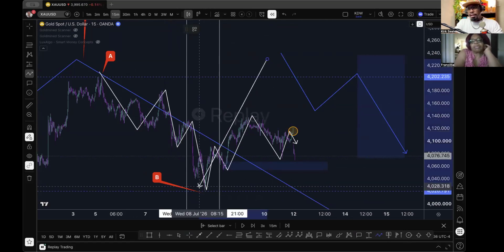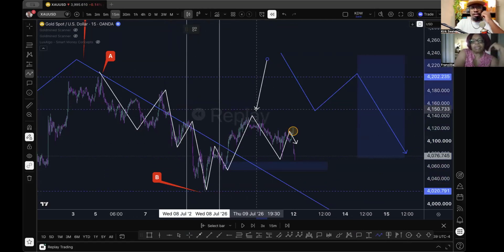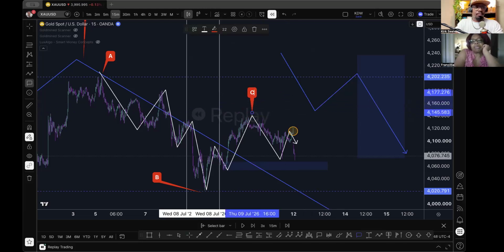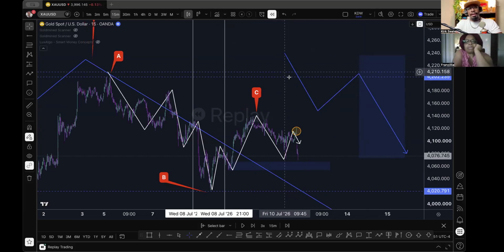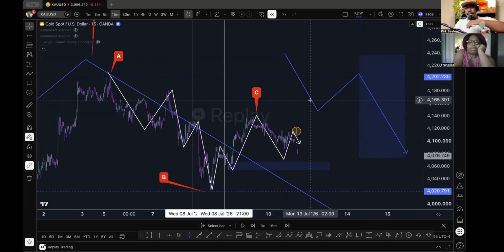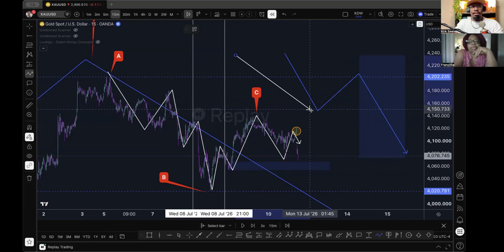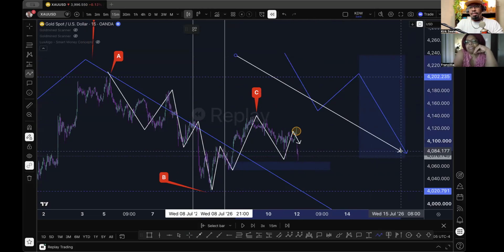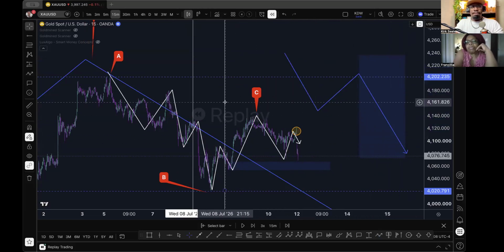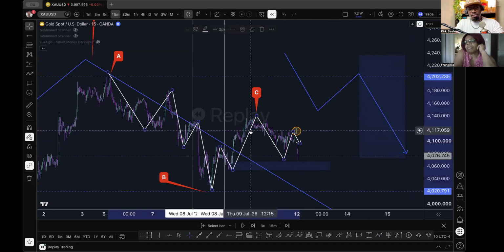From the lowest point that it got to, we're going to pay attention to the next highest point that it went to, which is right here. And we're going to call that C. And if this is going to continue going down, we want to see another point that is below B. So this would have been A, B, C, D. We're gonna get rid of this zigzaggy white line.